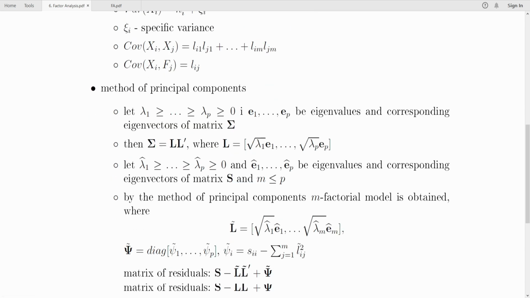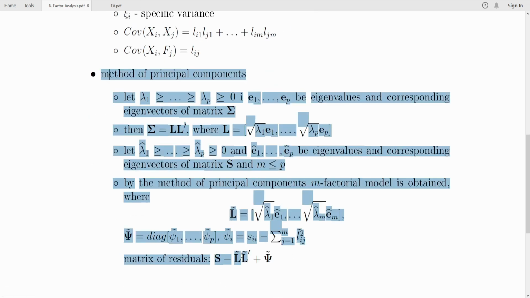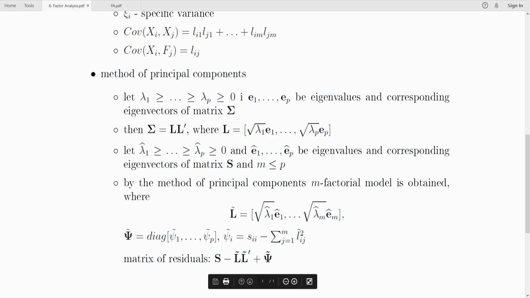The choice of m in this case is similar to principal components. We would look at the eigenvalues and decide. There are also some others like rules of thumb, but we'll not talk about them. This is an introduction to factor analysis, only the basics.